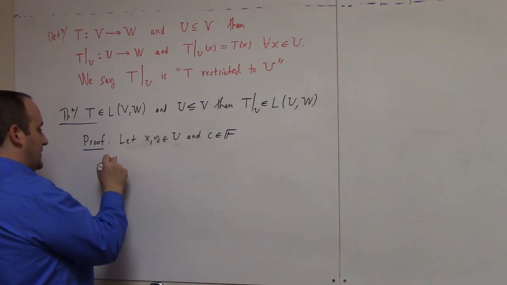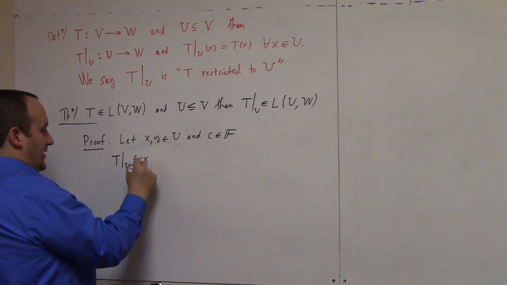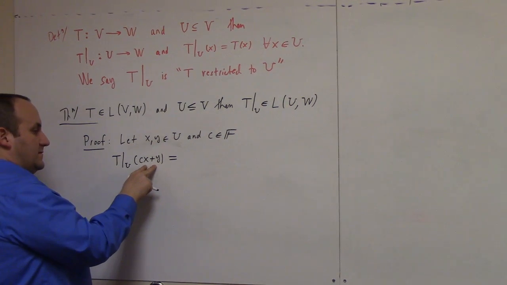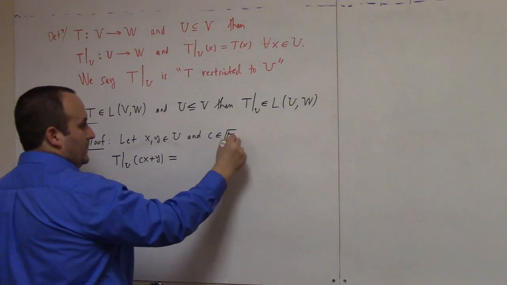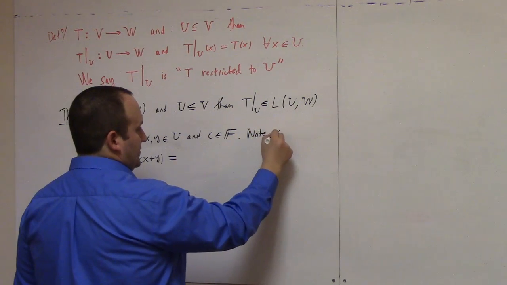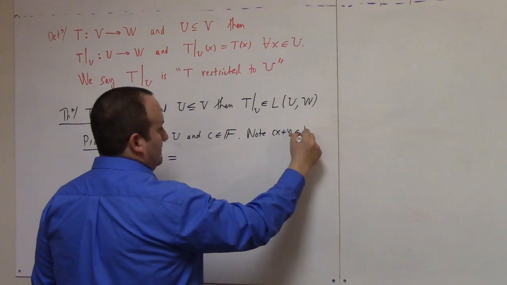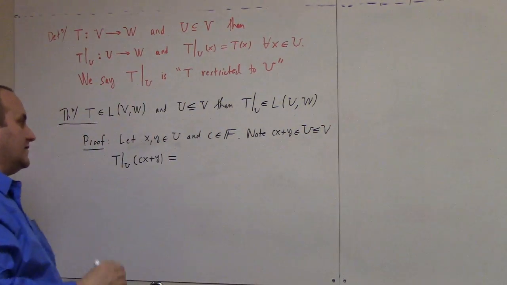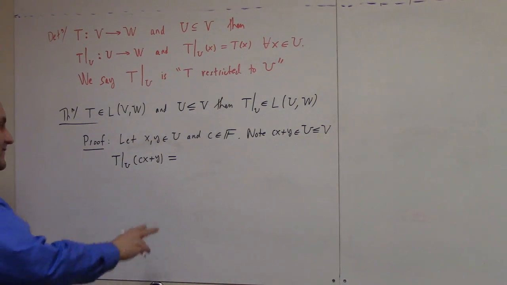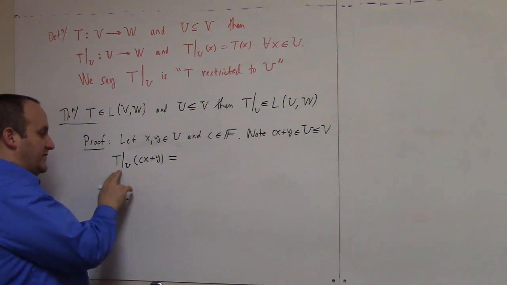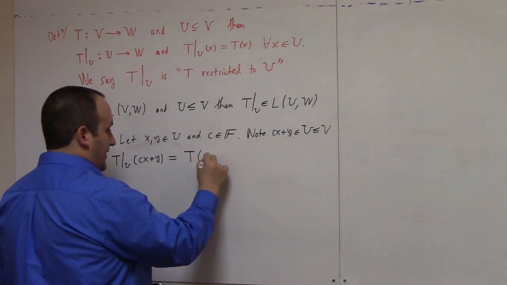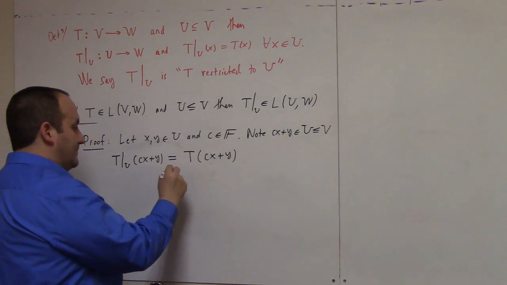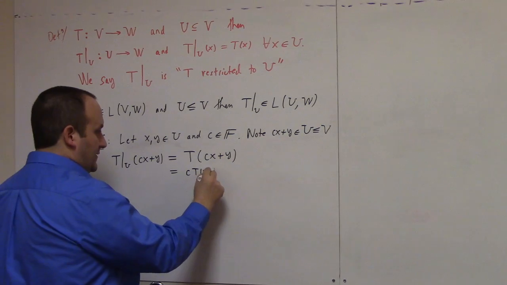Consider T restricted to U of Cx plus Y. Well, first of all, note Cx plus Y is an element of U again, as U is a subspace of V. So a subspace is closed under linear combinations. So I have that this is an element of U, therefore by the definition of restriction, this is simply T of Cx plus Y. But T is a linear transformation, I'm assuming that. So this is C T of X plus T of Y.